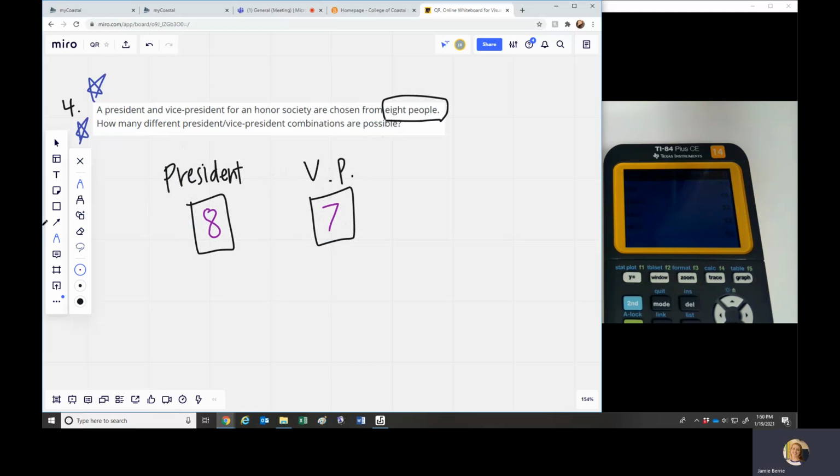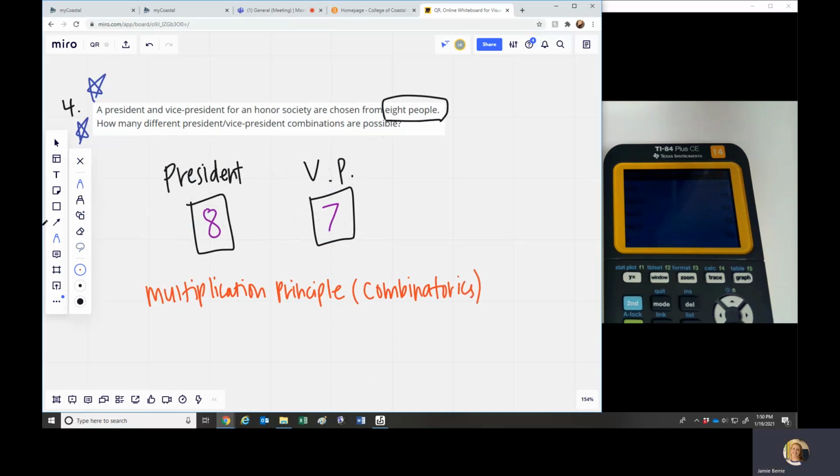So now we're going to use what's called the principle of multiplication, or the multiplication principle. This is a part of combinatorics. So let me write this down. This is called the multiplication principle, in the branch of mathematics called combinatorics, which is just the mathematics of counting.